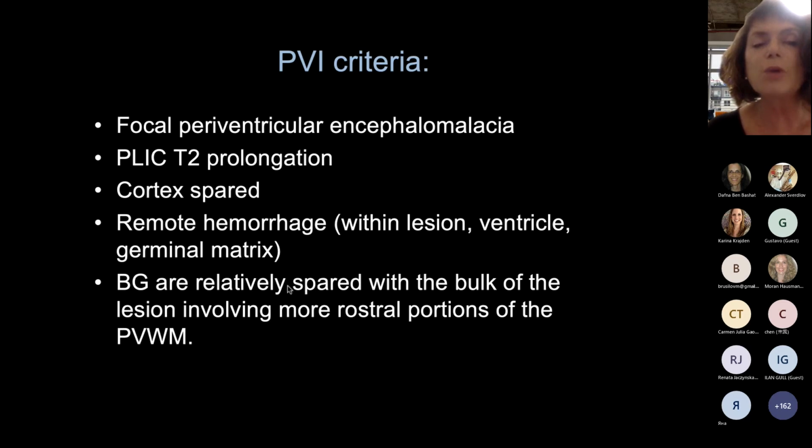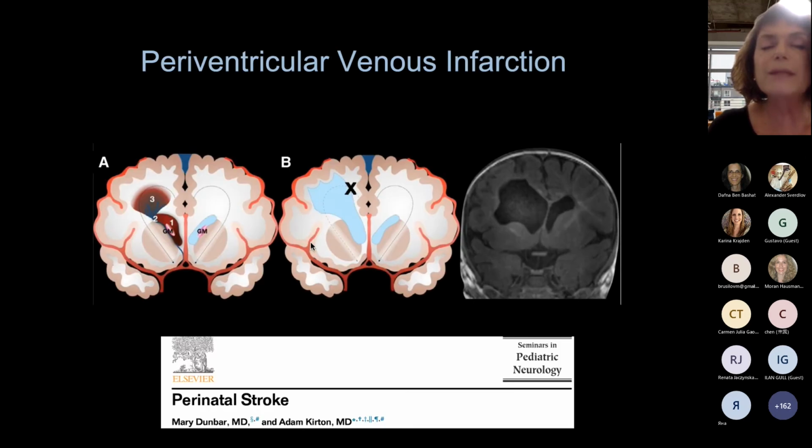There is a remote hemorrhage, and this is another importance of the MRI, because the hemorrhage sequences that we have, the hemo and the T2 star, are very sensitive for these bleeds, and the basal ganglia are spared. So this is the typical finding, and this is well described.